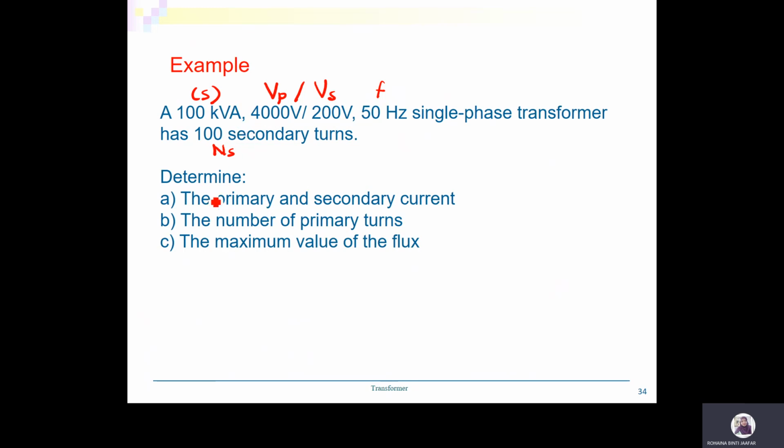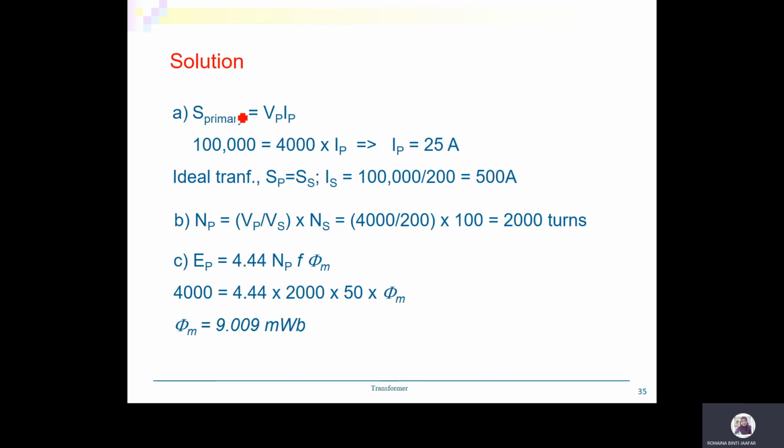So the first one, determine the primary and secondary current. Using the formula of transformer rating, S primary equal to V primary times I primary. So S is given, and your V primary is given.